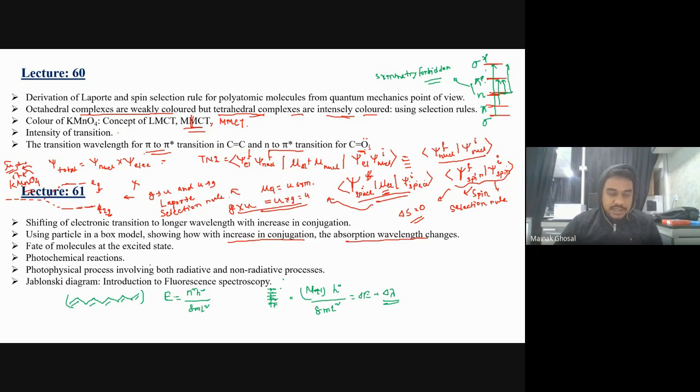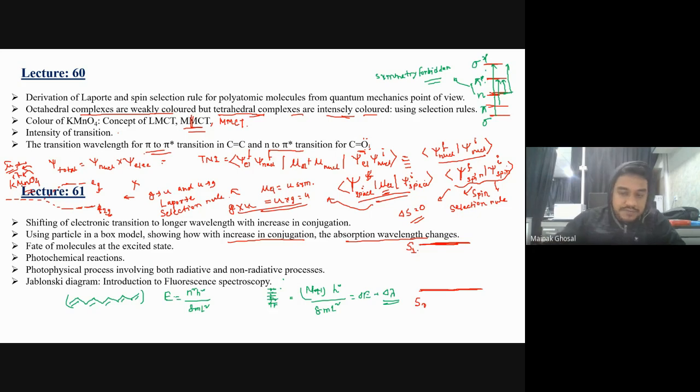Now there was a discussion on the fate of a molecule in the excited state. Suppose this is my ground state, generally represented as the S0 state. It goes to some excited state, suppose this state S1.